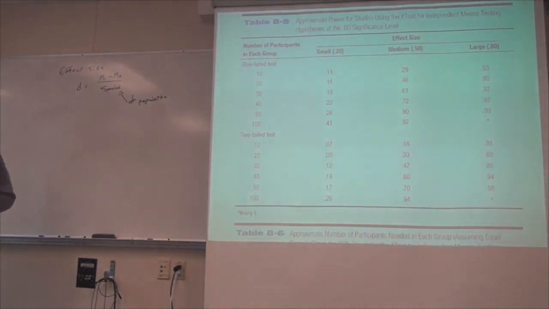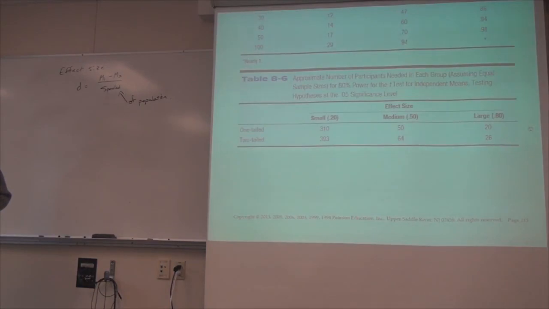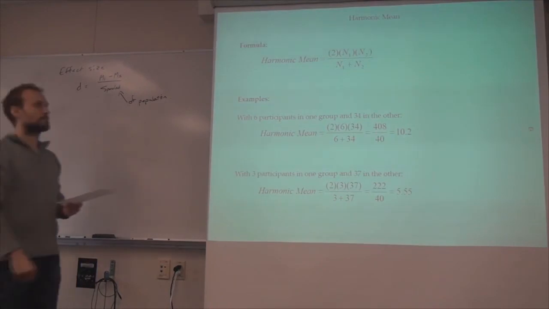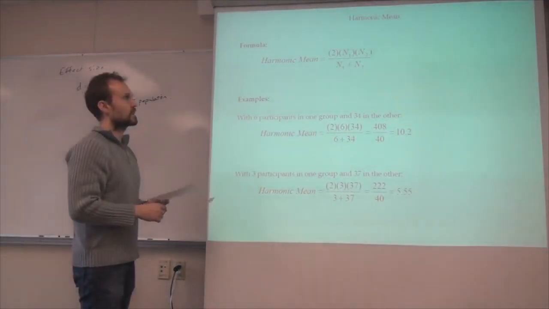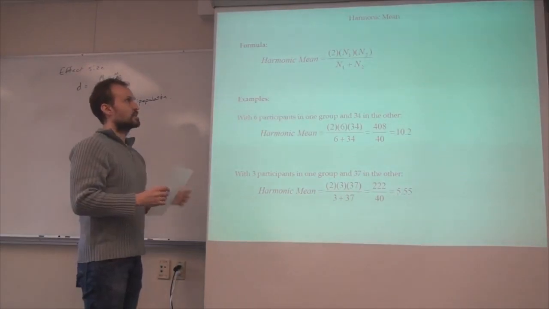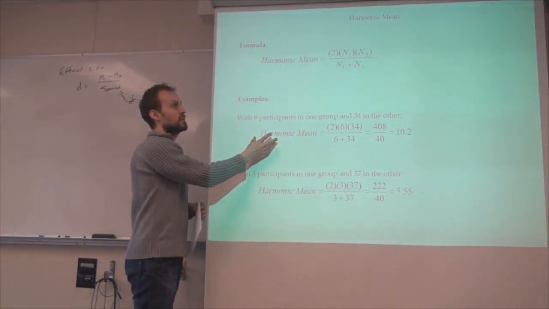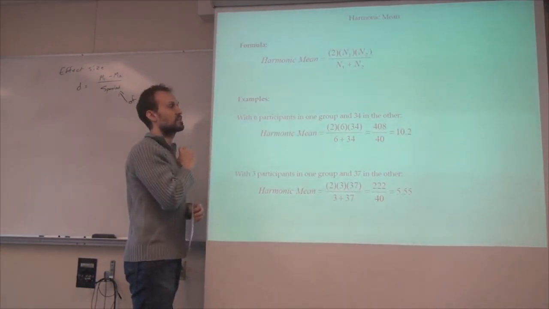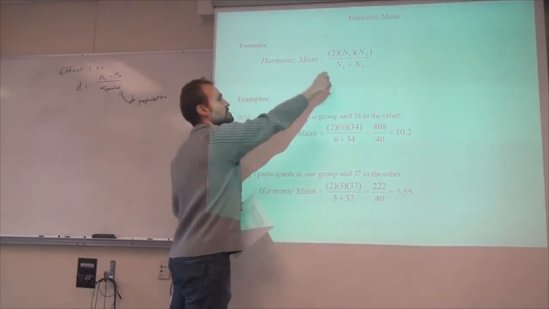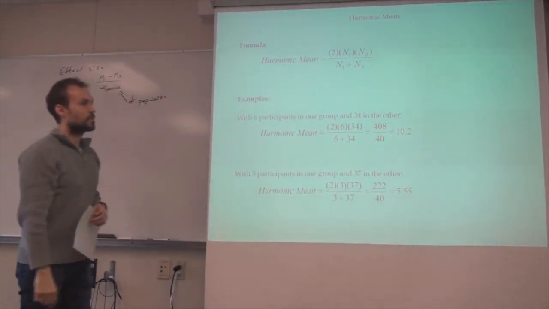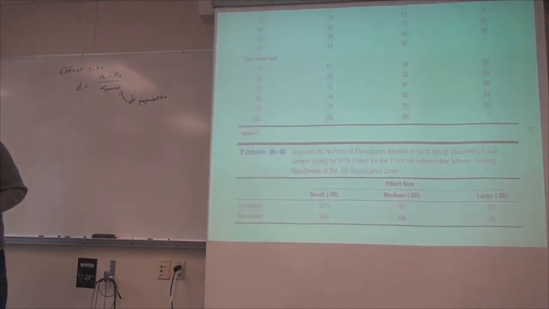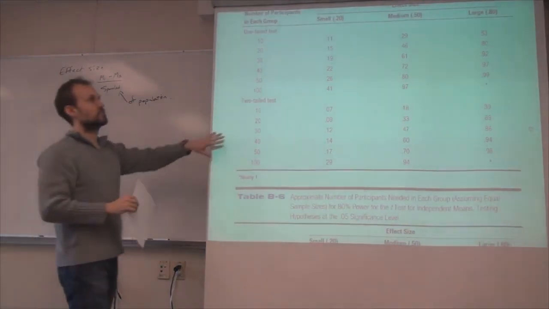And it turns out, with a little bit of math, that you combine the two sample sizes by way of this formula that we call the harmonic mean. So this harmonic mean is going to be the n value that you use in your table when the two sample sizes are not the same. You plug in the two sample sizes, you get a value, and then you go back to your table, and that is the n value that you use.